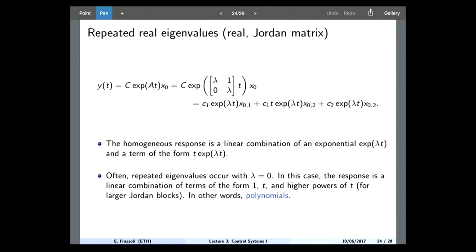Okay. Now, the other case that can happen is that I cannot diagonalize my matrix. When I cannot diagonalize my matrix, this means that I have some eigenvalues that are repeated, okay?